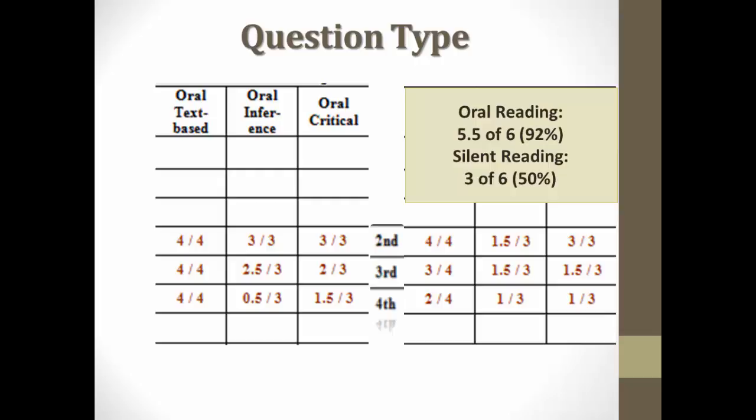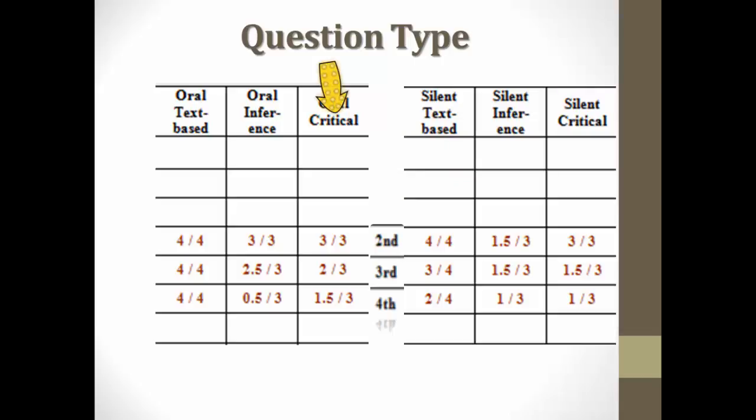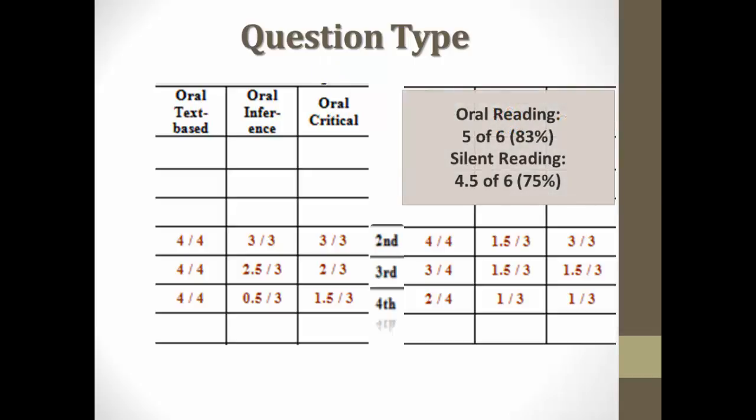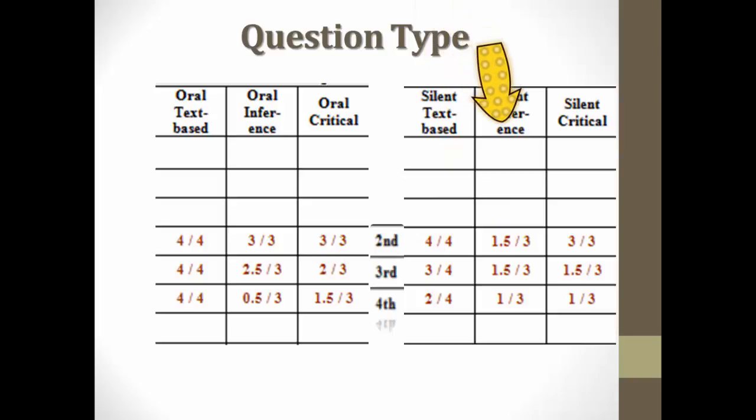So that red flag is going up. Now let's see what critical response has. 5 of 6 following oral reading, silent reading 4.5, 75%. That is pretty good. So what can we conclude? You got it. The inference making following silent reading.